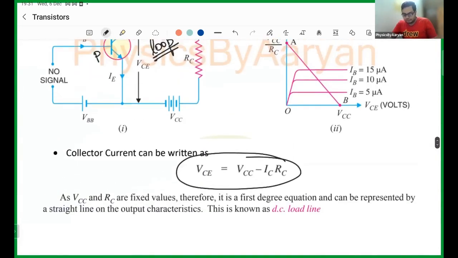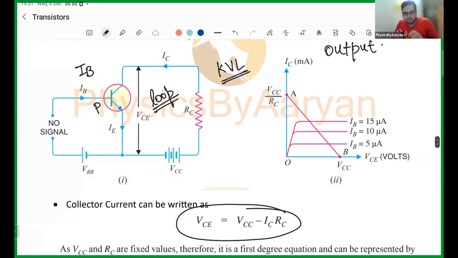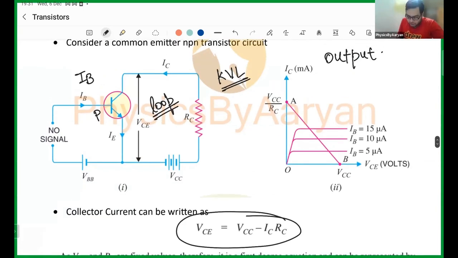Okay. So that is what I have exactly done. Now you can clearly see this. So now I have this loop. Okay. So now let's start from here. The first thing you see is this battery, and you see the negative of this battery. So what do you apply? You apply the positive. So you write plus VCC. Let's write our own equation.